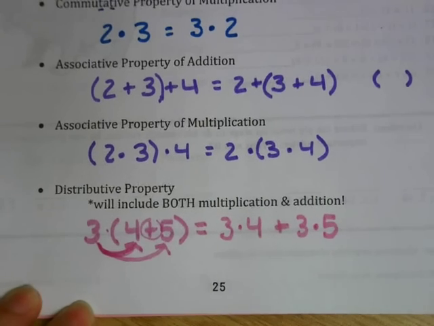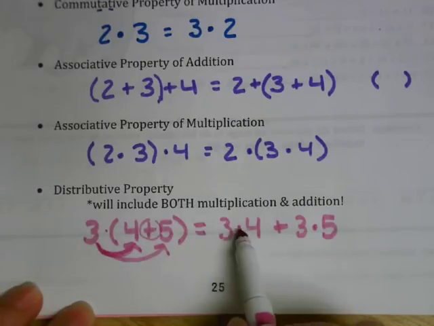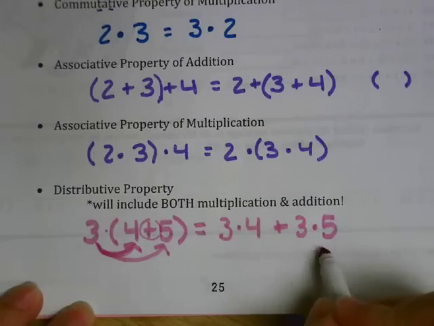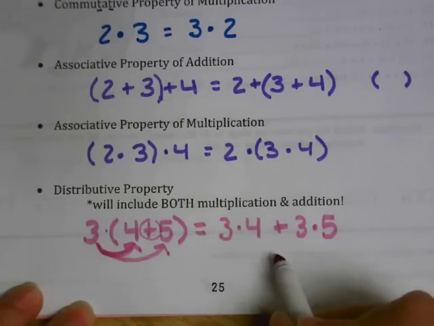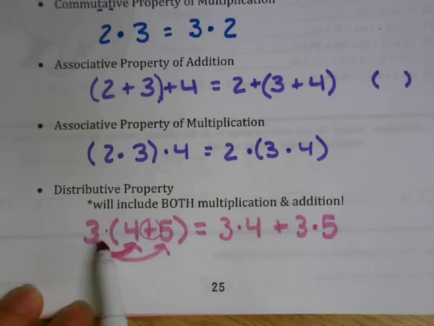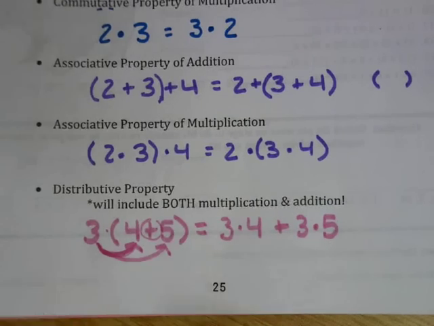Okay, now let's just double check and make sure we agree with that. What did I say the answer was back here when I did the order of operations? 9 times 3 is 27. Well, what would this be? 3 times 4 is 12. 3 times 5 is 15. And 12 plus 15 gives me 27. So the distributive property gives me a different way to look at this and break it apart into 2 multiplication problems. And that is going to be super useful to us throughout the year.